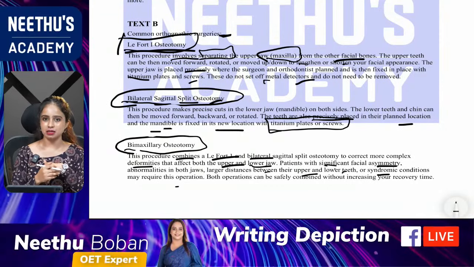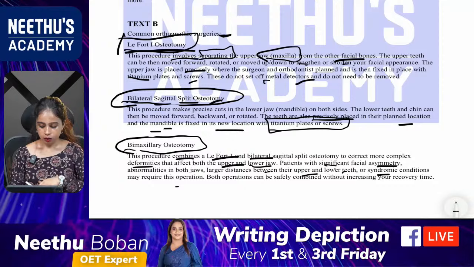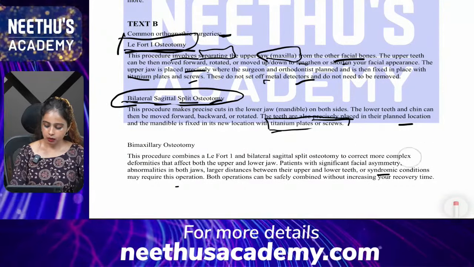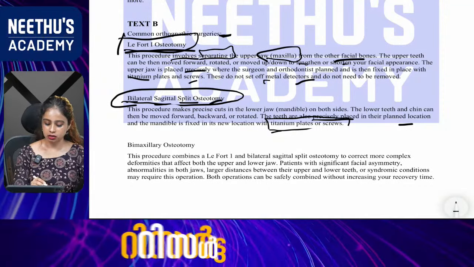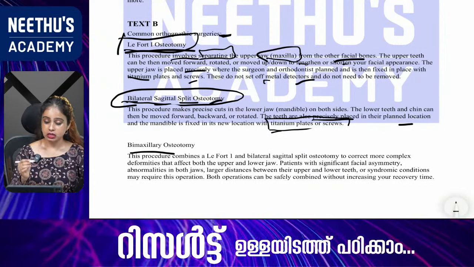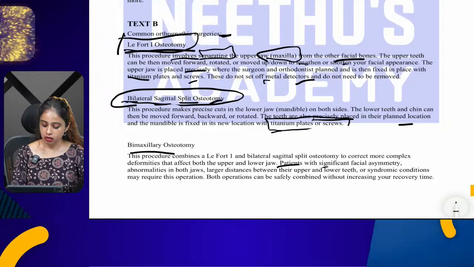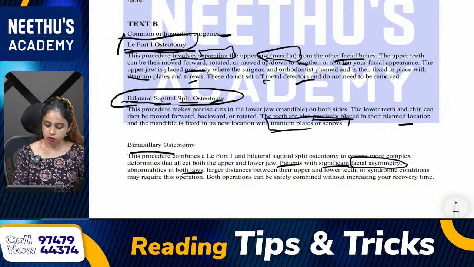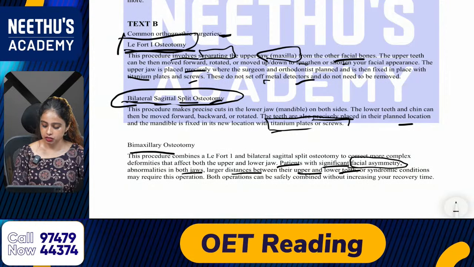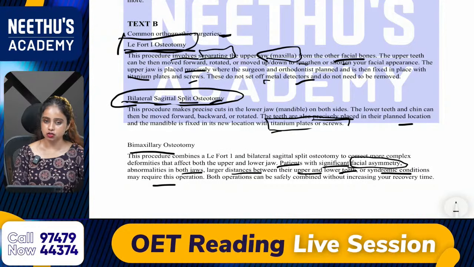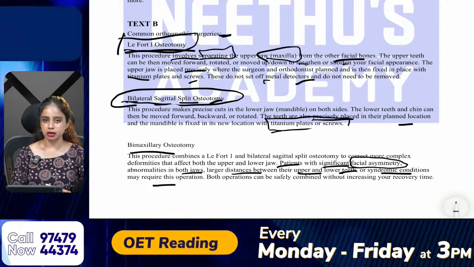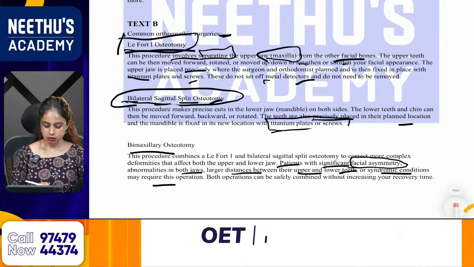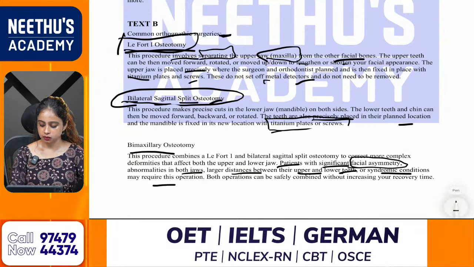That is facial asymmetry. Bimaxillary osteotomy is one of the surgeries mentioned in text B, the third surgery. See the second line: patients with significant facial asymmetry, abnormalities in both jaws, larger distances between their upper and lower teeth, or syndromic conditions may require this operation. Which operation? Bimaxillary osteotomy. So, the answer is facial asymmetry.